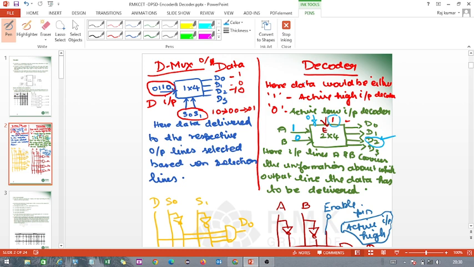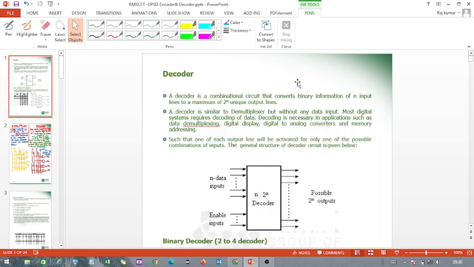That is why, when they ask you to define a decoder, they will always define it as a circuit that converts the binary information of n input lines into the line information of 2 to the power n output lines.